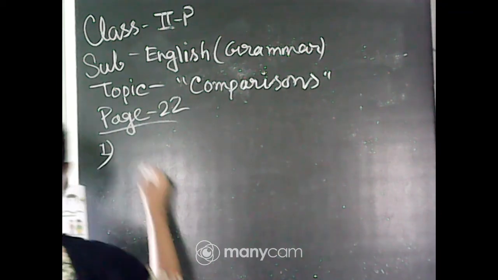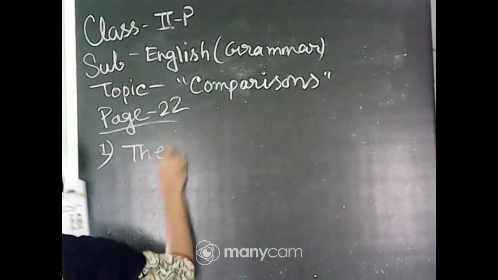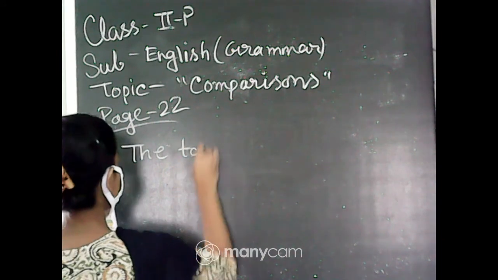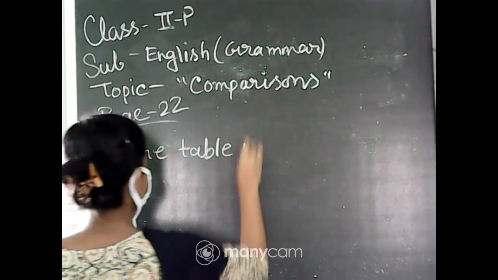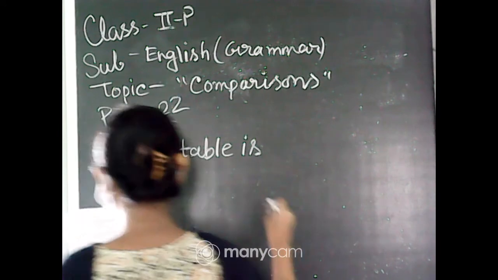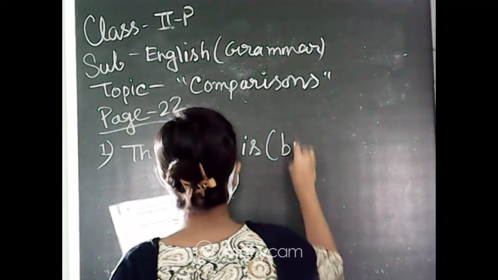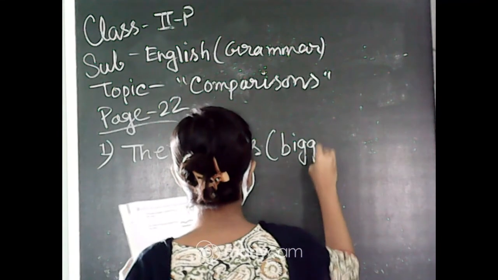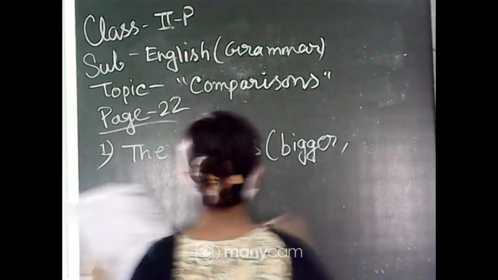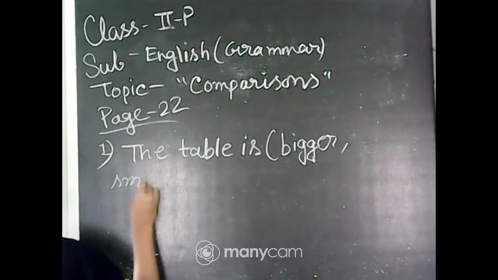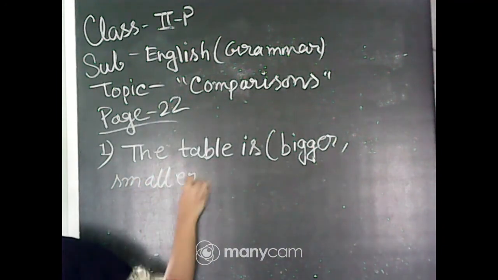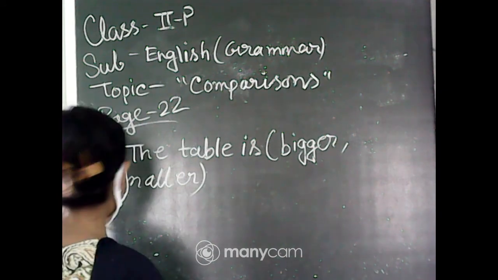Let me write the sentence. The table is bigger or smaller than the stool.